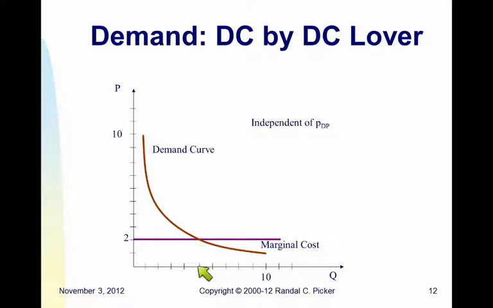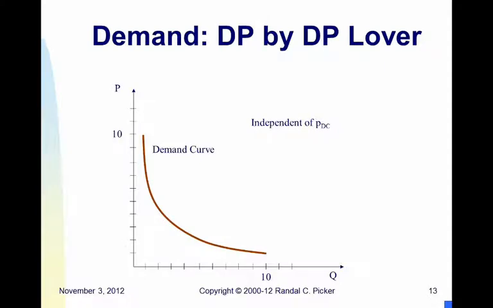It's going to be right here, and we'll end up with 5 units of Diet Coke consumed. Okay. In similar fashion, for the Diet Pepsi lover, we're going to take the demand curve for the Diet Pepsi lover. We're going to take the marginal cost curve. And the point of consumption there is, again, it's going to be at the intersection of those two, which means that at a price of 5, there would be 2 units of Diet Pepsi consumed by the Diet Pepsi lover.